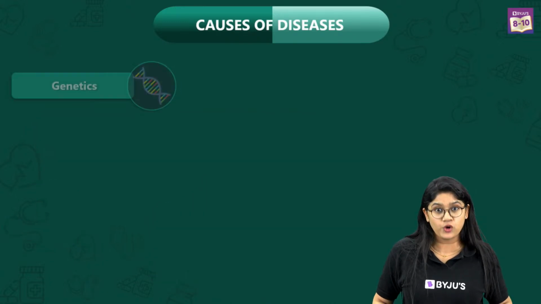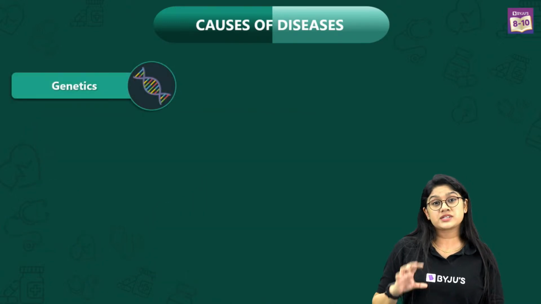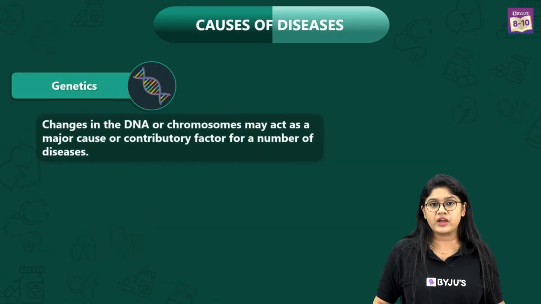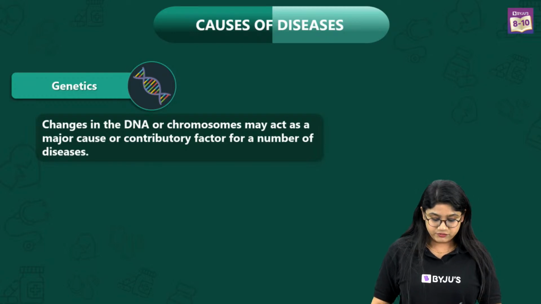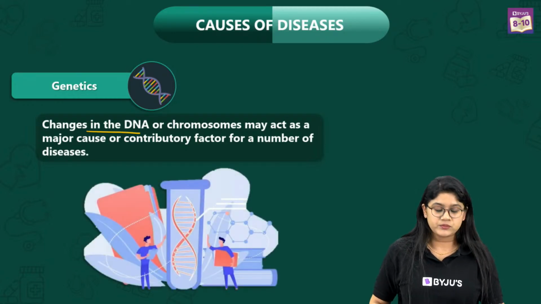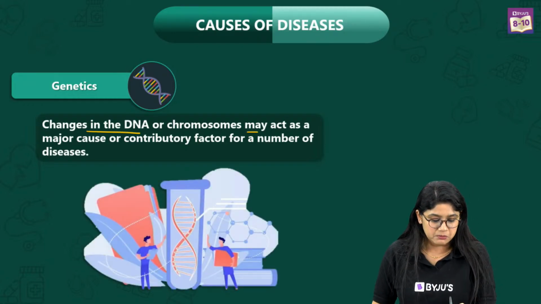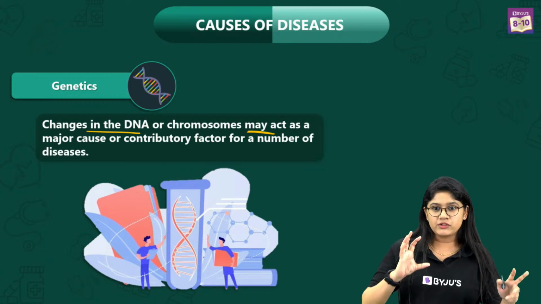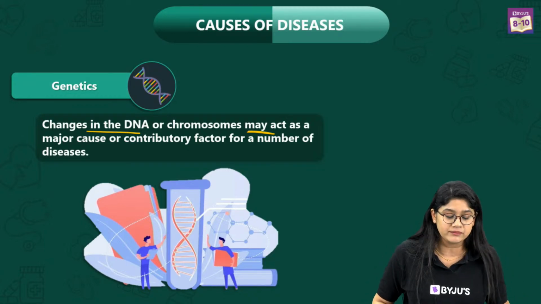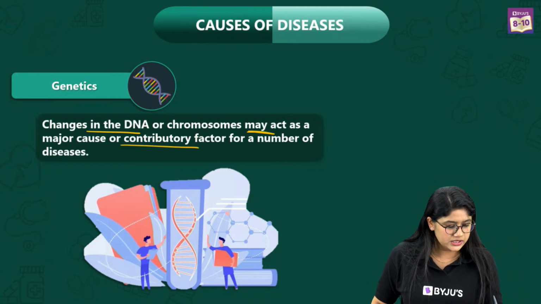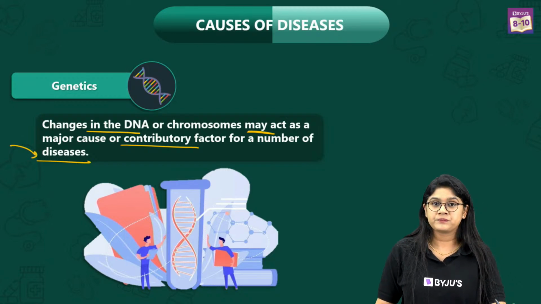Now we're moving to the fourth cause, and the fourth cause is genetics. Now this is really very interesting. If there is a change in the DNA or the chromosome, if there's a major change in those, what will happen? Of course, we will see various diseases happening, right?